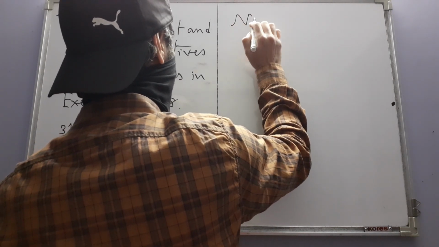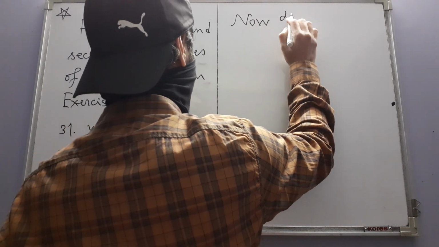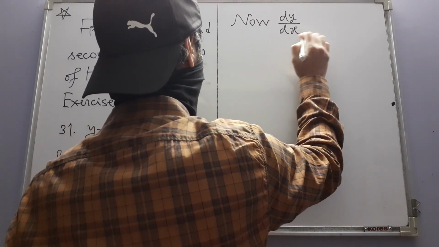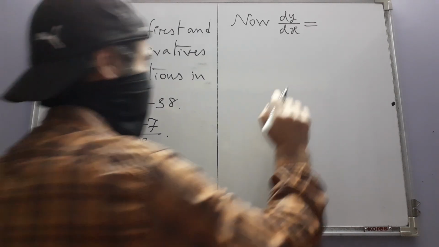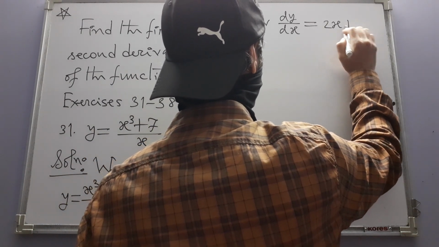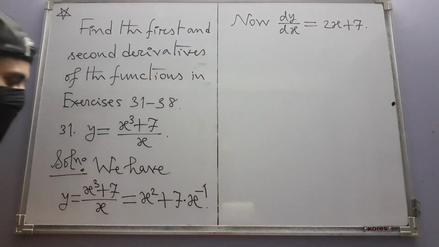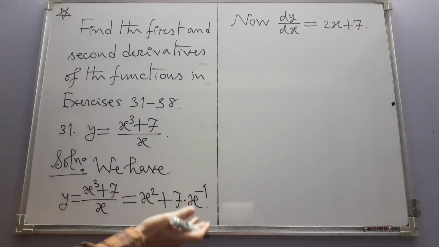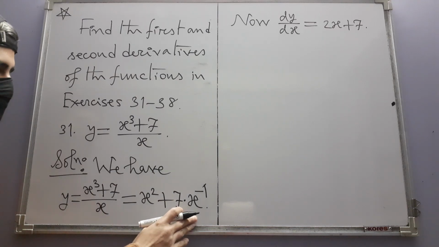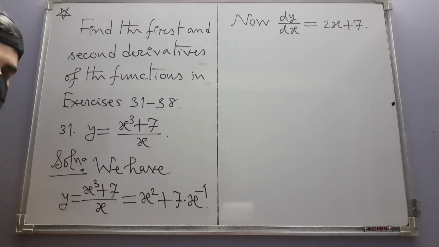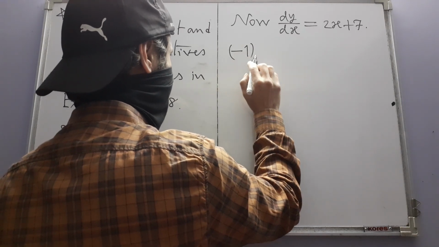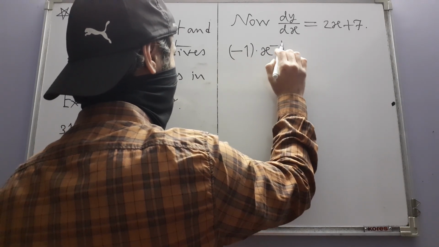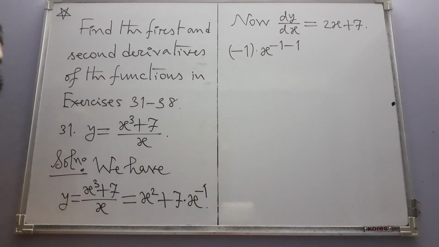Now, dy/dx will be, the first one of course is going to be 2x, but then 7 times, although we already know what the derivative is going to be, but still let's apply the power rule. That will give us the exponent comes down and then you have to subtract 1 from it in the original power.